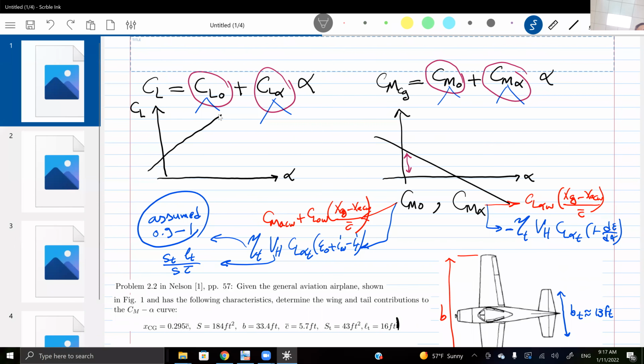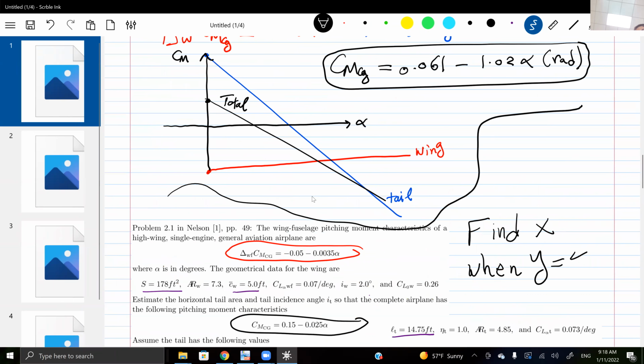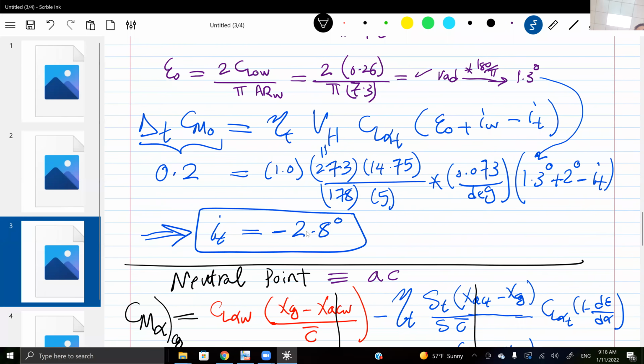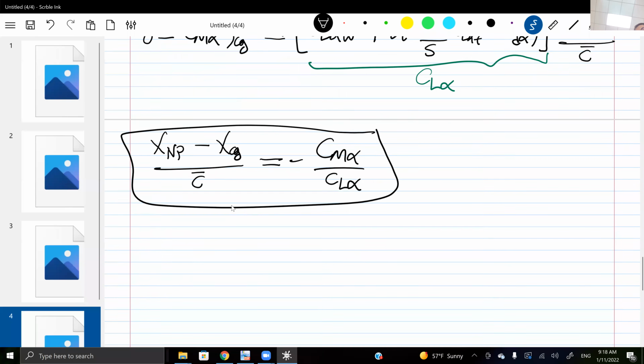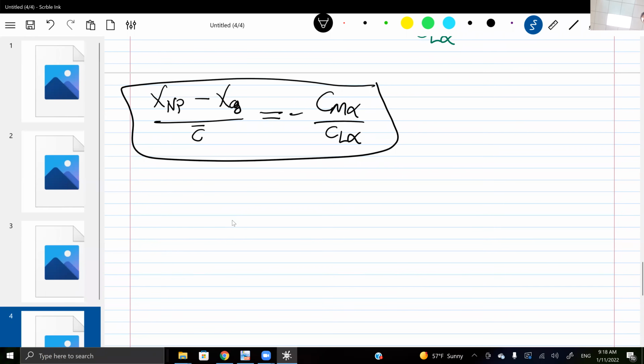Just give me the slopes, CL alpha here and Cm alpha there. If I divide the slopes, I get how far the neutral point is from the CG. This is a very important finding, as we're going to see in a minute.